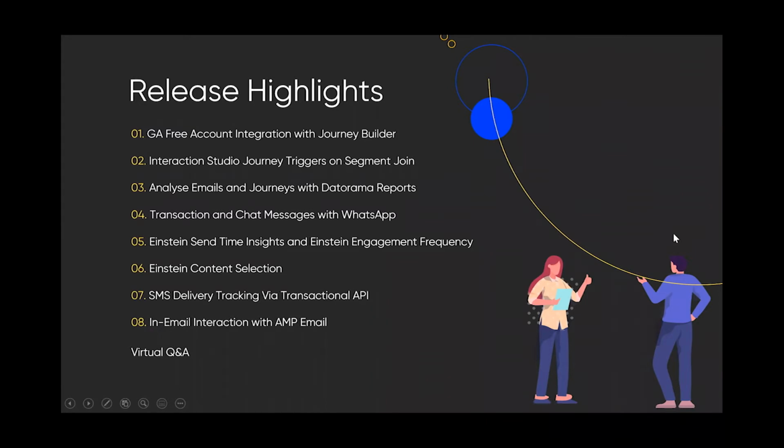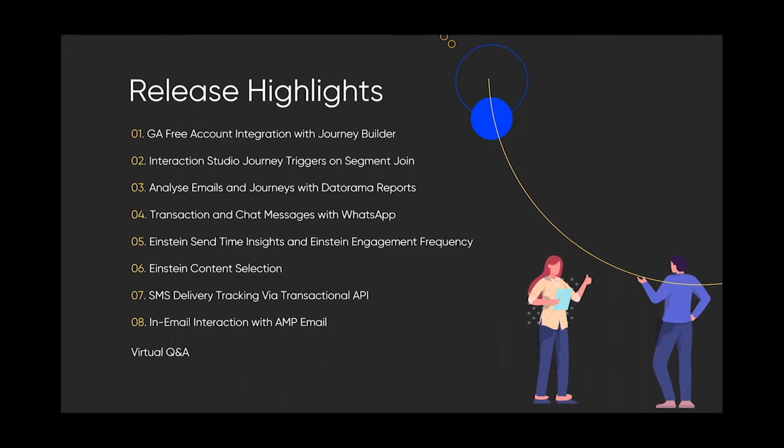This is the list of release highlights that we'll be covering. We'll start off with Google Analytics free account integration with Journey Builder, followed by Interaction Studio Journey Trigger on Segment Join, as well as how to analyze your email and journeys with the new feature, Datorama reports.